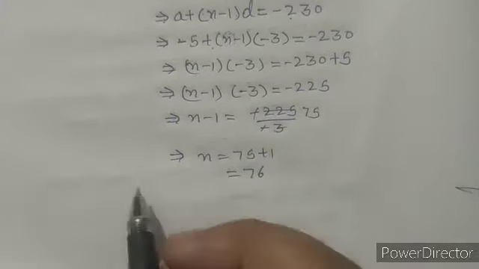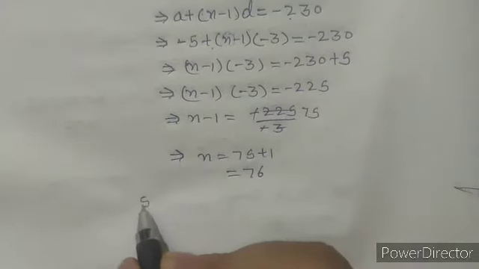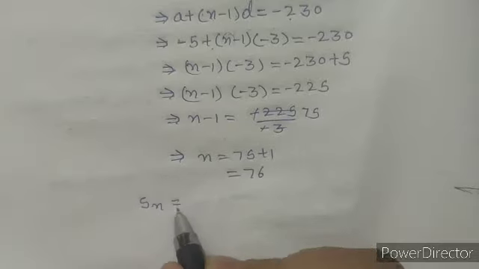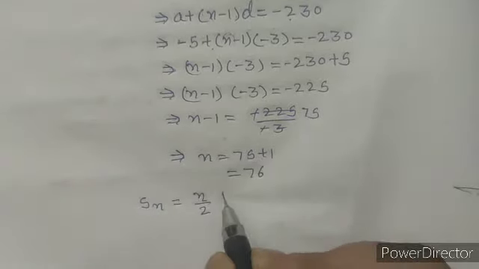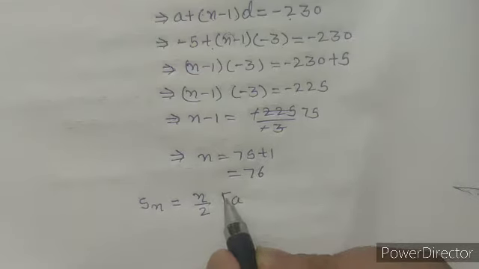Now the sum of this AP, that is Sn, will be given by Sn equal to n by 2 a.